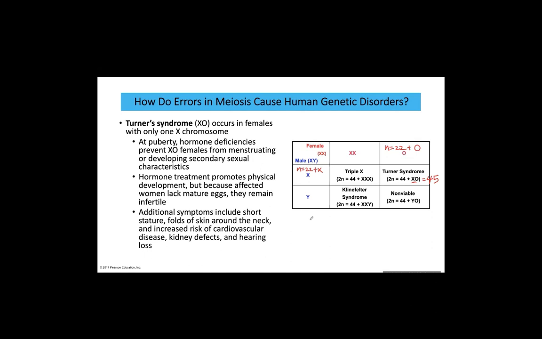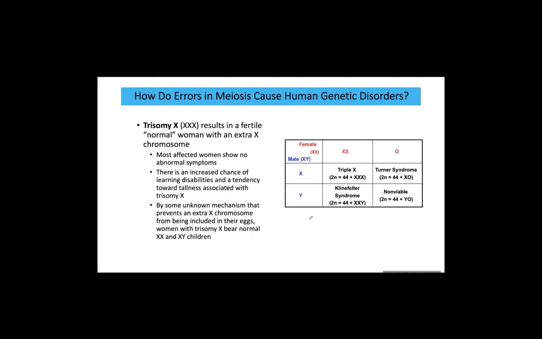It affects women; the lack of a mature egg means they remain infertile. Additional symptoms include short stature, folded skin around the neck area, and an increased risk of cardiovascular disease, kidney defects, and hearing loss.